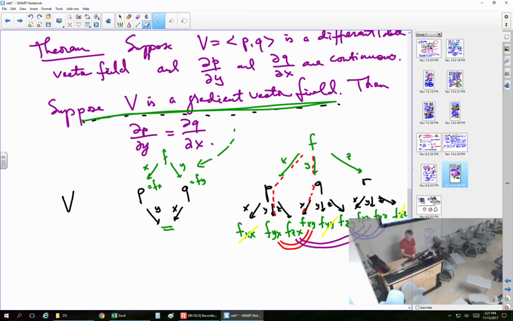So the red one will be dP/dy is equal to dQ/dx. Okay. The next one is the purple one. dP/dz is equal to what?